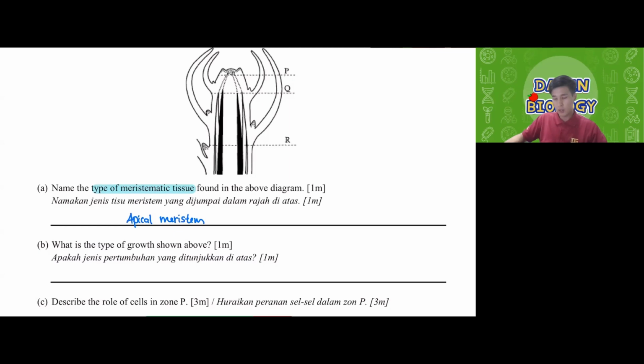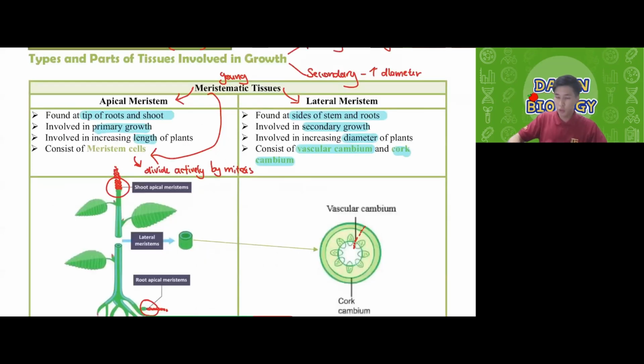Here we mentioned there are two types of meristematic tissue. They are showing the shoot tip, so it is this one. That's the meaning of type of meristematic.